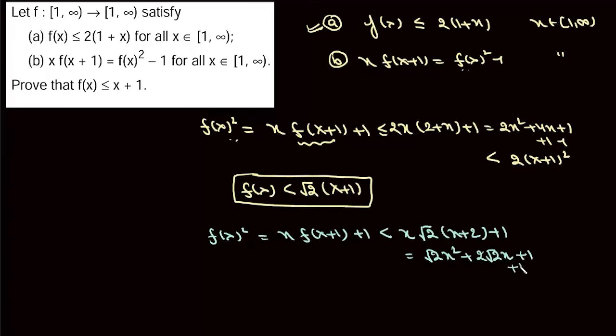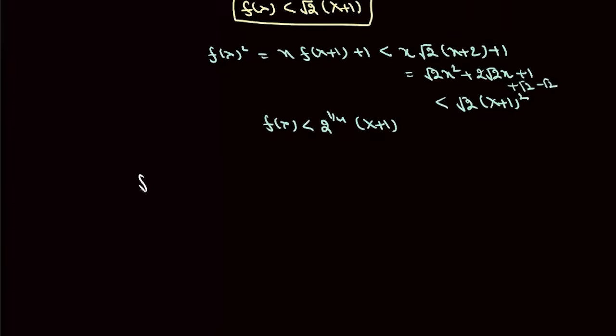Now we can add √2 and subtract √2. So it'll be less than √2 (x+1)², because 1 minus √2 is a negative number. So from here we'll get another bound: f(x) is less than 2^(1/4) (x+1).